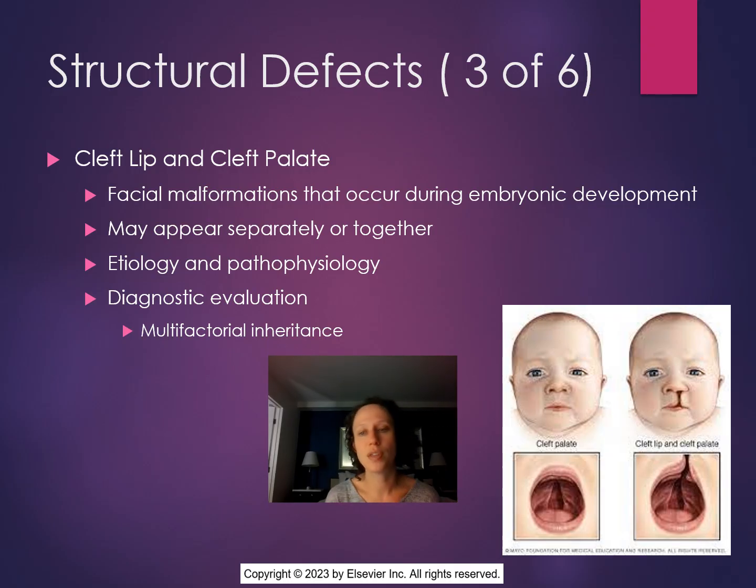When you have the cleft lip, they have a much harder time getting good suction on a bottle or breastfeeding. When you have the cleft palate, you definitely have a risk of milk going up into the respiratory system and some issues with suction. So cleft lip and cleft palate definitely have some of the harder times with feeding.